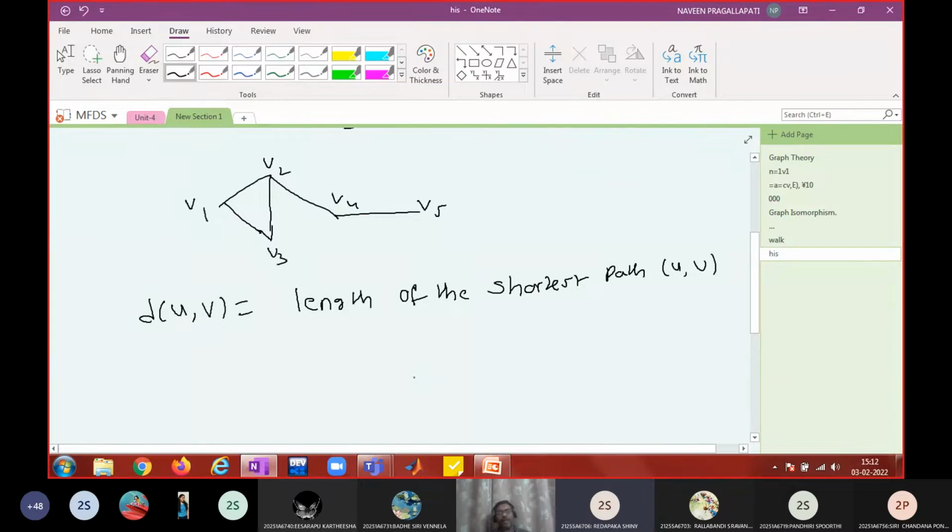Among all those paths, the length of the path having minimum length is called the distance. And if u and v are not connected, then the distance is taken as infinity.